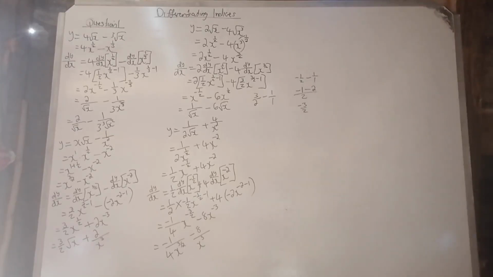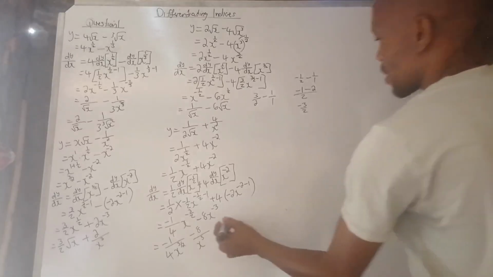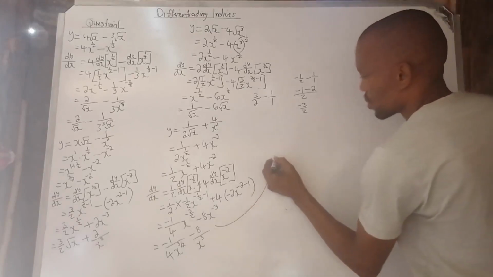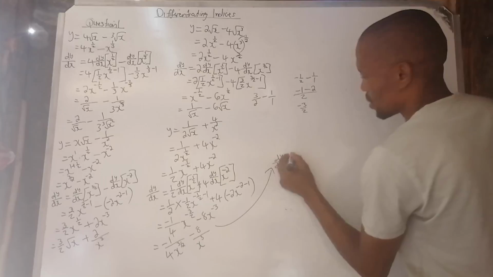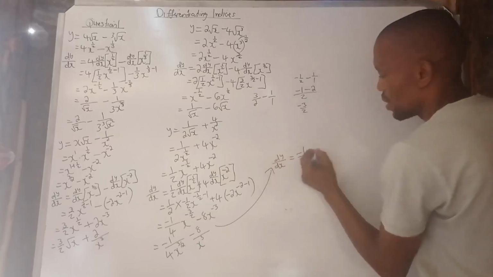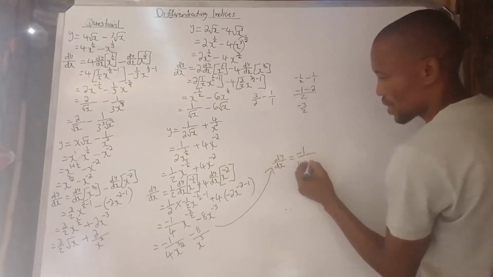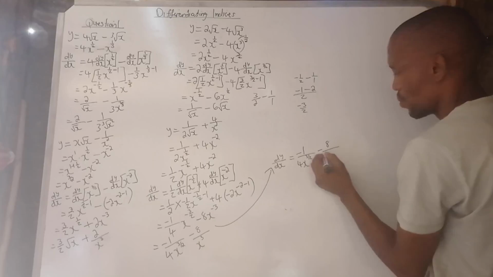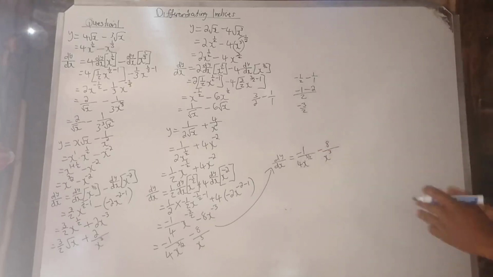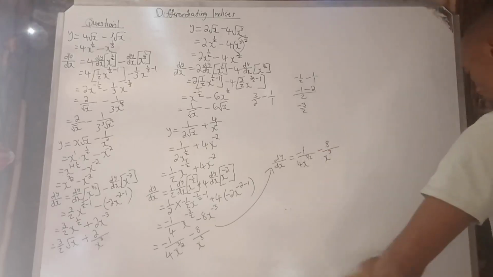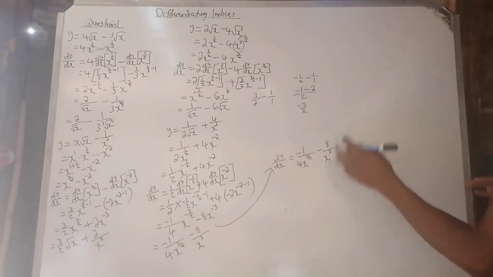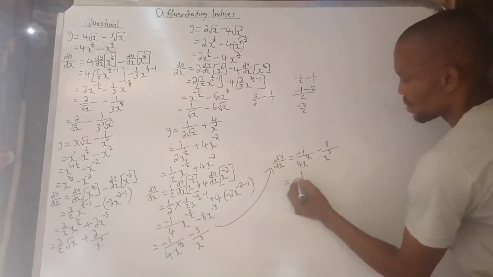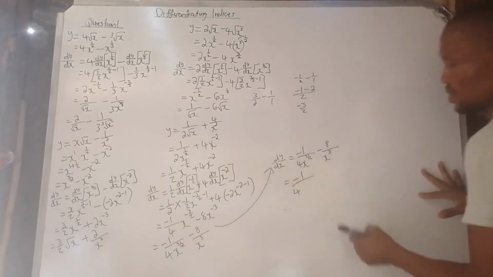And then from there, what is it that I should do? Let me just bring it here. dy over dx equals negative 1 over 4x to the 3.5, minus 8 over x cubed. Now from here, what is it that I can do? I can say negative 1 over 4.